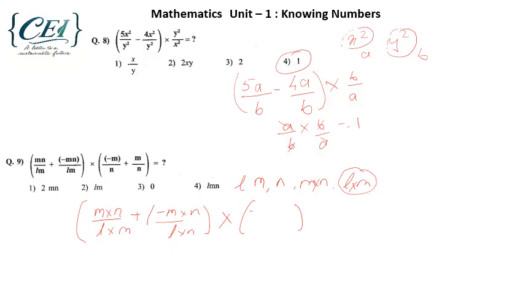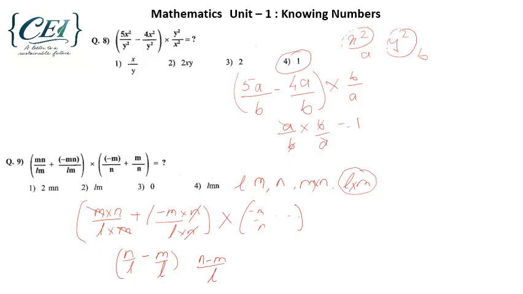Okay, that is minus m upon n. So we solve. So here m and m get cancelled, n and n get cancelled. So answer is n upon l plus, if you remove the bracket, minus sign is inside, so it will come outside, minus m upon l, correct? So here the denominator is the same. So answer is n minus m upon l, correct?